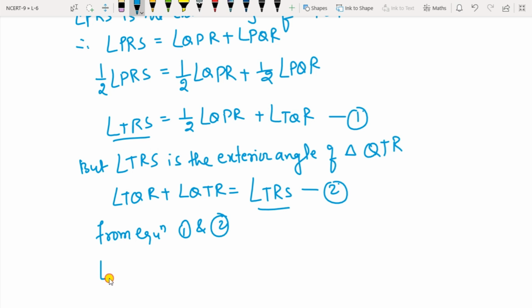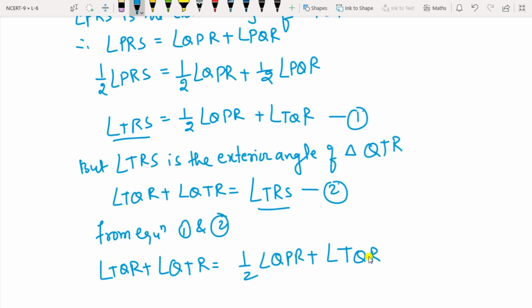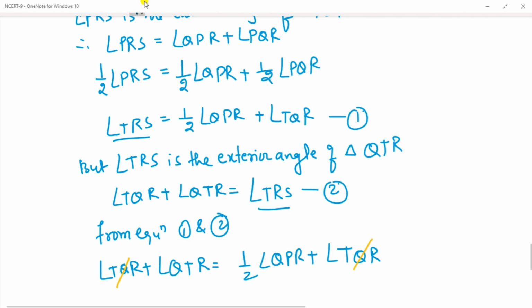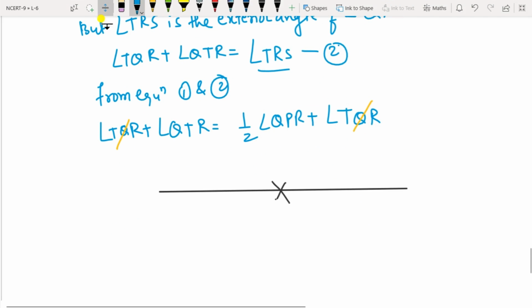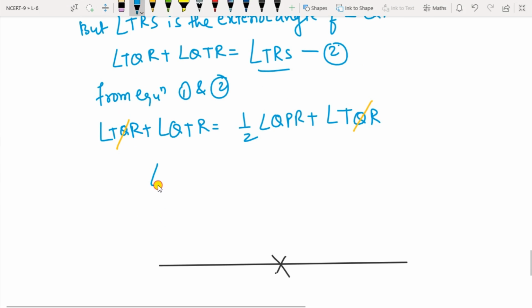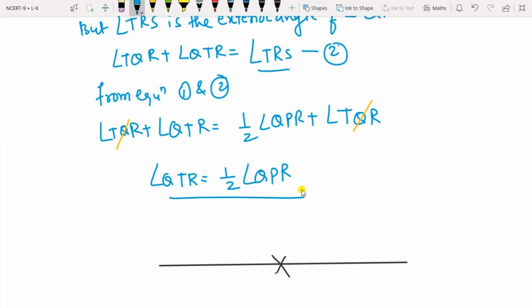So angle TQR plus angle QTR equal to half of angle QPR plus angle TQR. Now you can see on both sides there are the same angles, TQR and TQR, which will get cancelled, and the remaining is what is required: angle QTR equal to half of angle QPR. Hence proved.